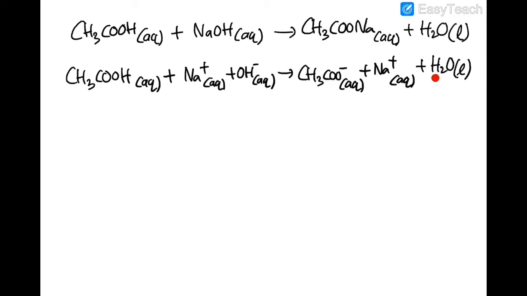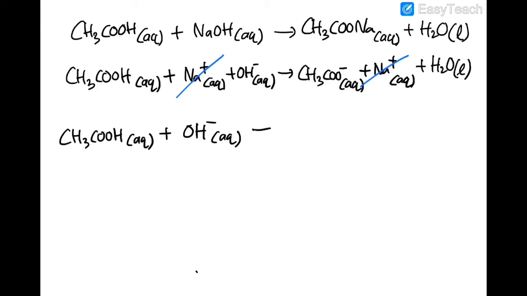And now you can see the spectator ion this time becomes only the sodium. That's the only ion that is present on both sides, so we can cancel them out. And we will have our net ionic reaction like this: CH3COOH aqueous plus OH minus aqueous becoming CH3COO minus aqueous plus H2O liquid.